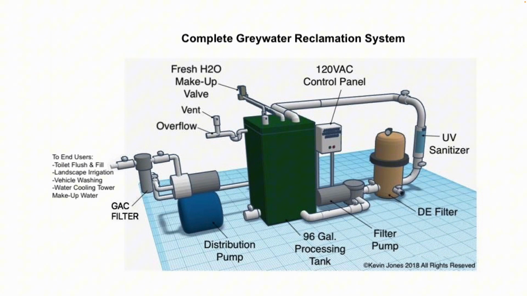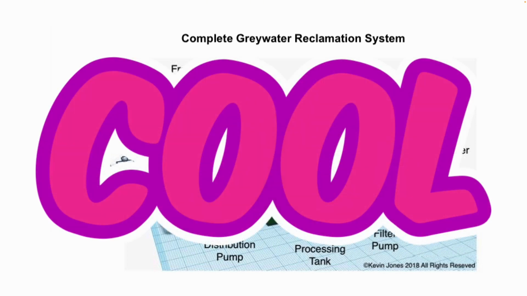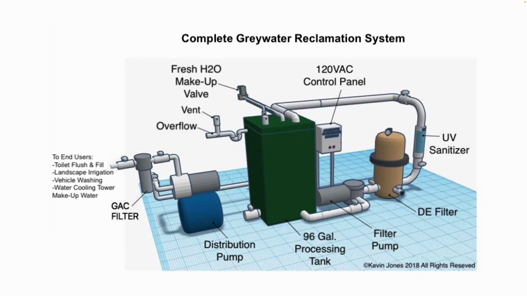So what does that mean? Well, that means it's going to pump that water very quickly over and over again through the filter and the sanitizer. That's what kidney looping means. So you're going to filter and clean that water very quickly. And then any excessive amount of gray water that you produce will go out of the overflow pipe to your sewer or septic tank, in this case.